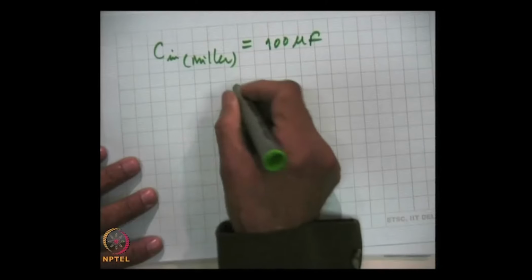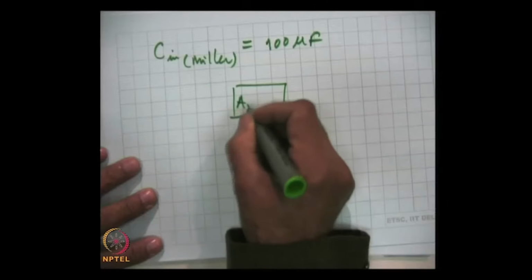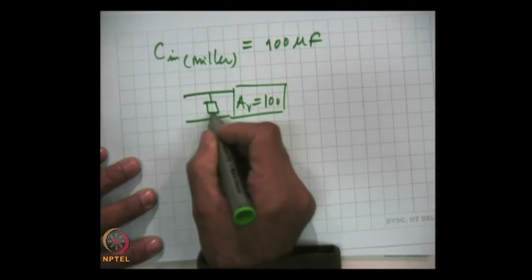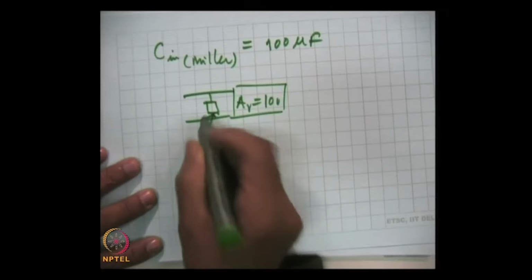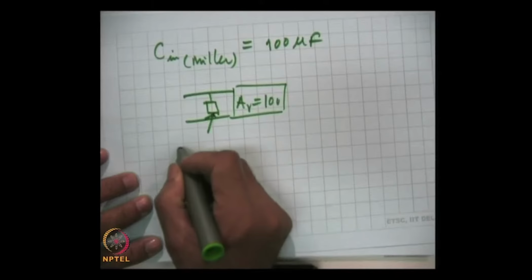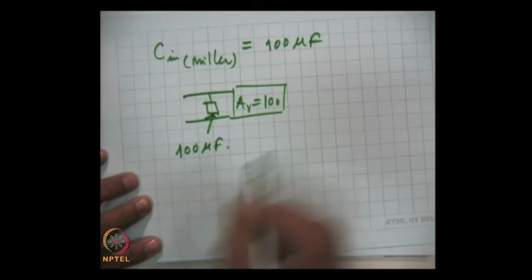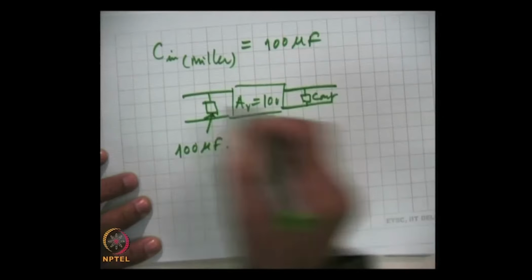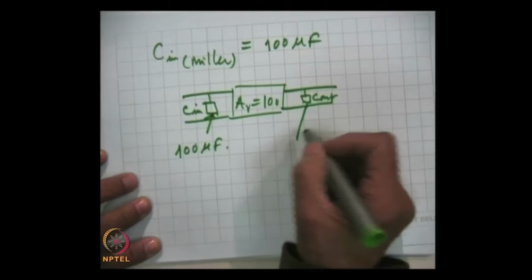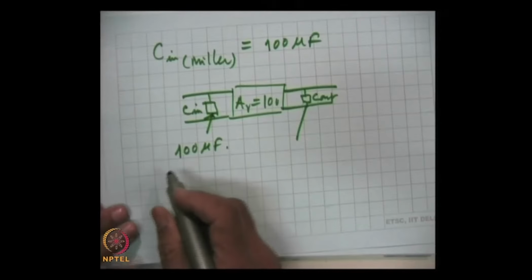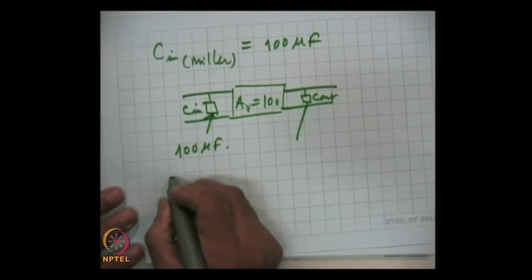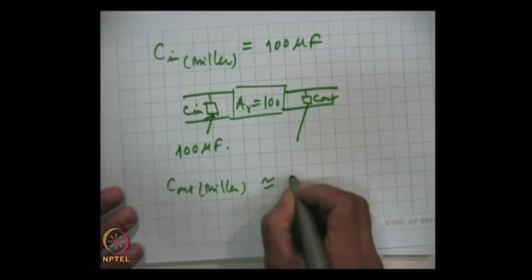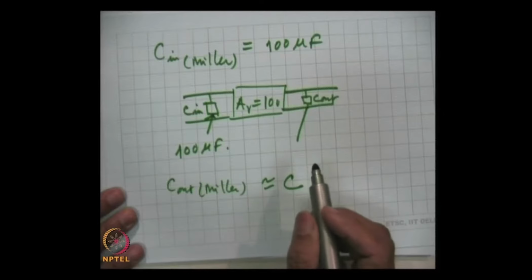So, here this is the amplifier A V 100, and this capacitance C in Miller will be 100 microfarad, and what will be at the output, this capacitance C out, because of the Miller effect will come out to be just 1 microfarad, because the C out Miller comes out to be close to C, and C we have taken as 1 microfarad.